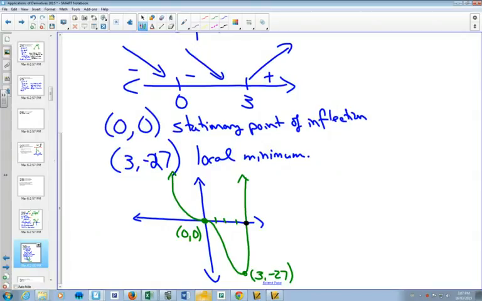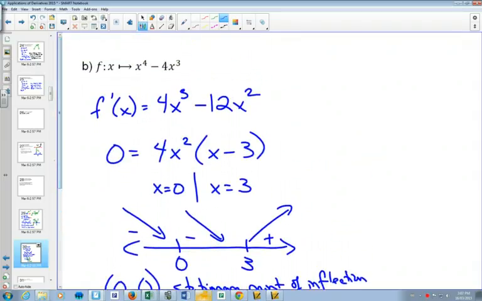That kind of connects to some of the way that you would have graphed this using what you learned in grade 12. In grade 12, for graphing this, you would have said we have a positive x^4 graph, so we know that it's going to act kind of like a parabola and go up to infinity on both the negative side and the positive side.